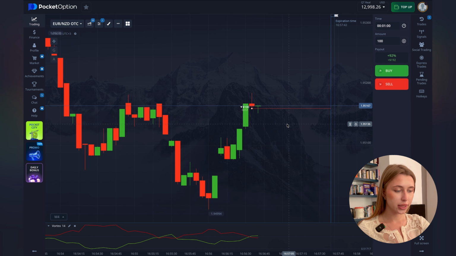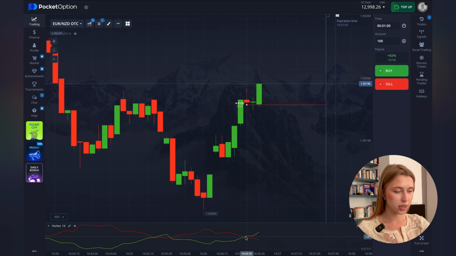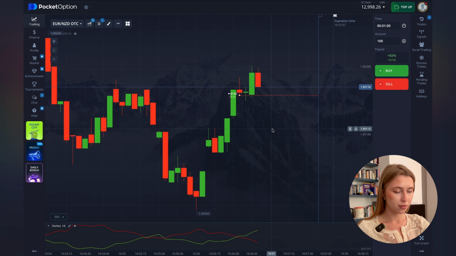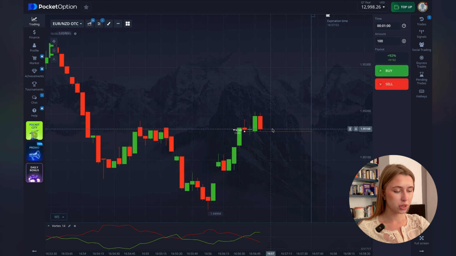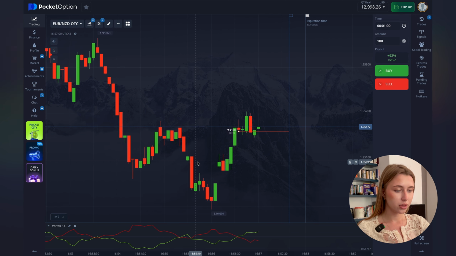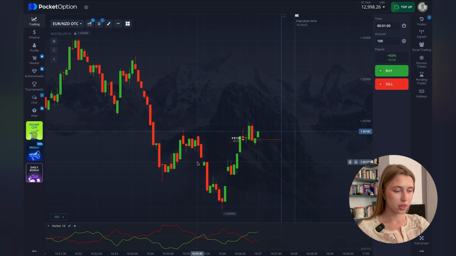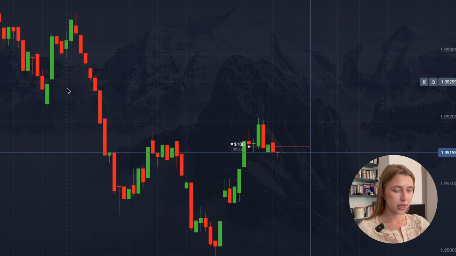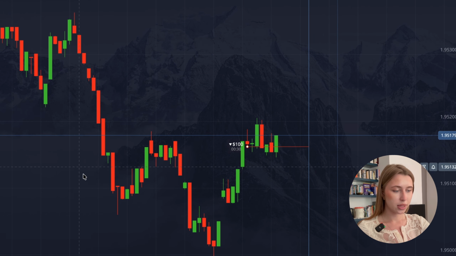We open a sell trade because the red line crossed the chart from top to bottom, as I said before. When it crosses from top to bottom, we open a trade downward. And overall, what was showing us that the chart will go down, it's definitely this pattern, this bearish trend.